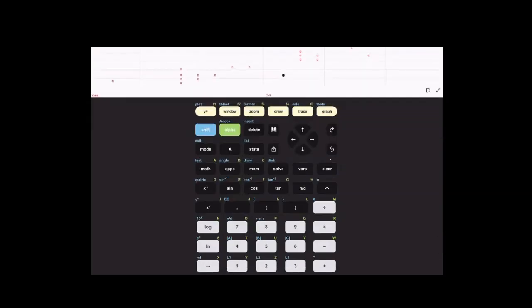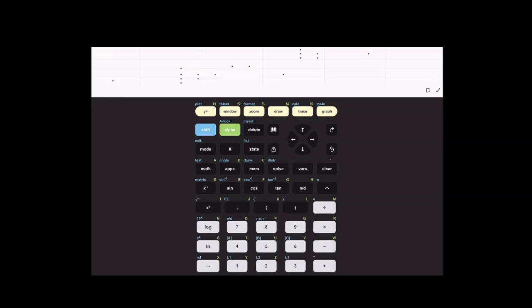Here is my scatter plot. I can change the settings on the scatter plot so that it might look a little bit better. Second Y equals. I can make it solid dots, and let's make it blue. So there's my scatter plot.